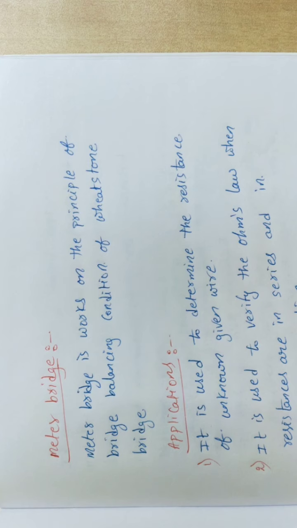First of all, let us think in how many ways we can use this meter bridge. The meter bridge is mainly useful for finding the unknown resistance of a given wire. It means we can easily identify the resistance of a given wire, and we can also find the specific resistance or resistivity of a given wire with the help of the meter bridge.